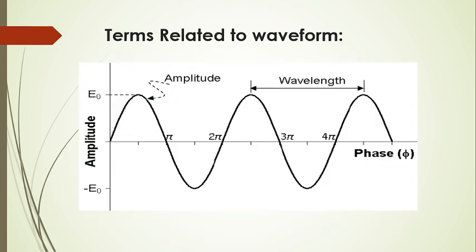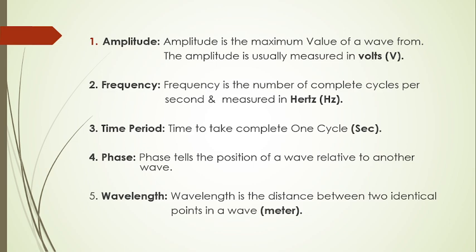So the terms related to the waveforms are amplitude, time, frequency, wavelength and phase. As you can see in the figure, the sine wave is representing terms like amplitude, wavelength, phase, time period and frequency. So what is the amplitude?